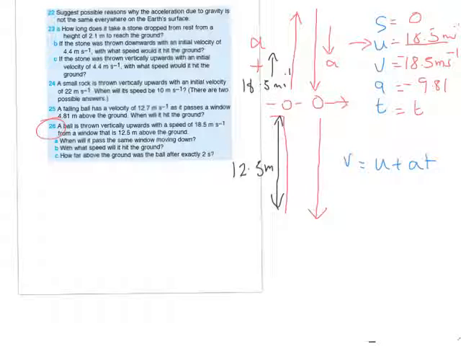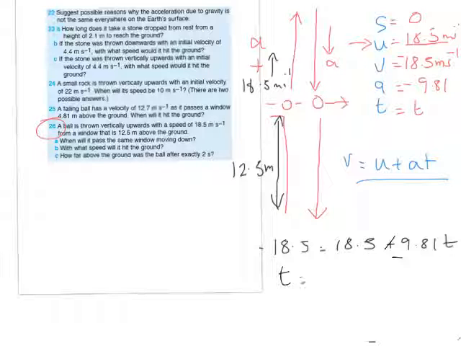There are a number of ways to solve this, but this is probably the simplest. I'll substitute the values in as follows. So you can see it's minus 18.5 equals 18.5 plus, oops, this is a mistake, so that should be minus 9.81 t.